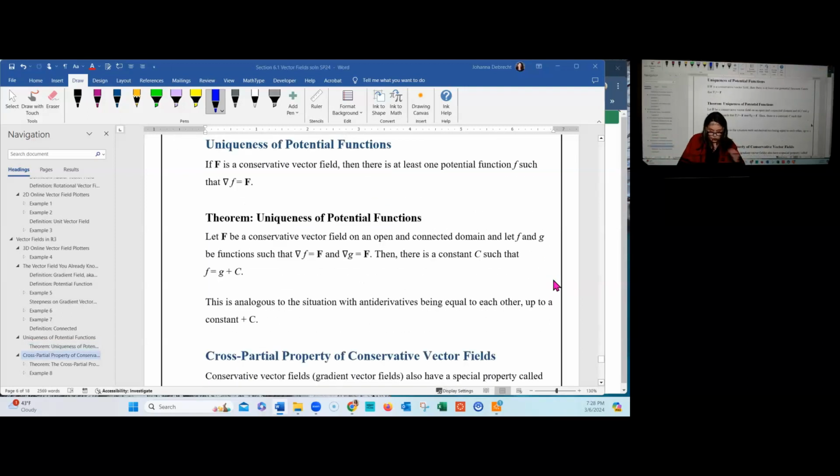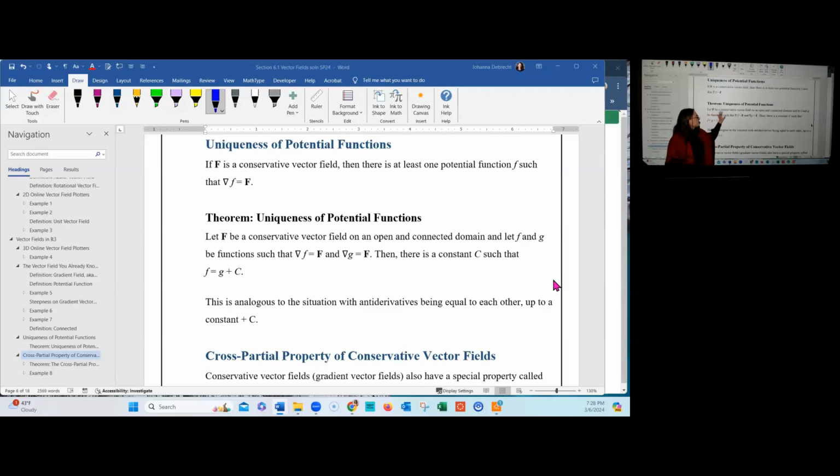If we have a conservative vector field, then there must be at least one potential function, lowercase f, such that the gradient of f is equal to the vector field. This is what it means to be conservative. Conservative means it is a gradient vector field, which means there must be a potential function.